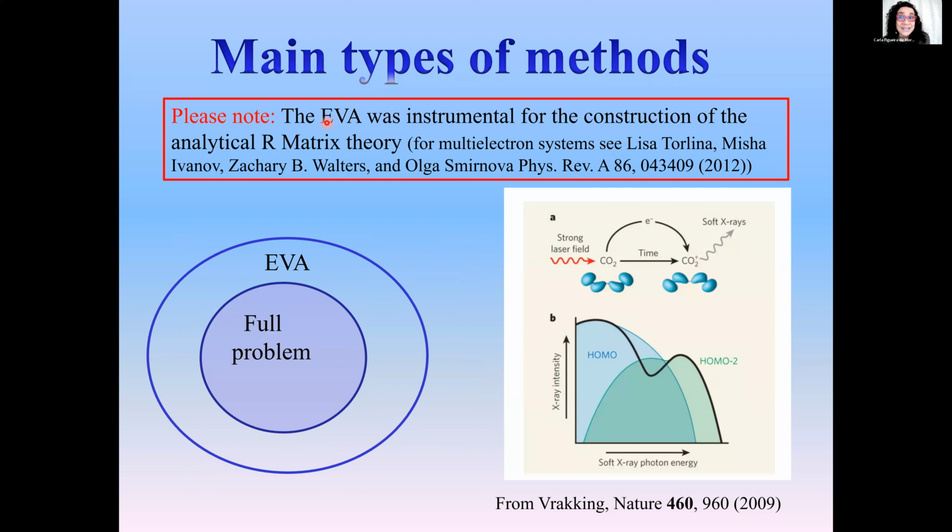approximation was instrumental and really important for the construction of the analytical R-matrix theory. And this is like a normal R-matrix theory, where you consider the problem divided into spatial regions.